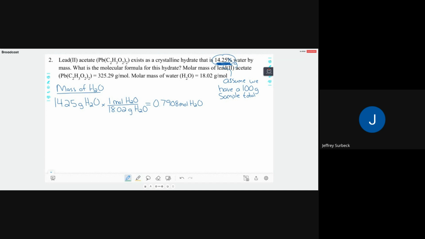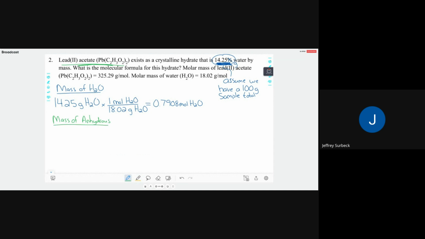What we're after is how much lead 2 acetate, in grams, do we have first. So I'm going to put this as our mass of our anhydrous substance, the mass of our anhydrous without water.